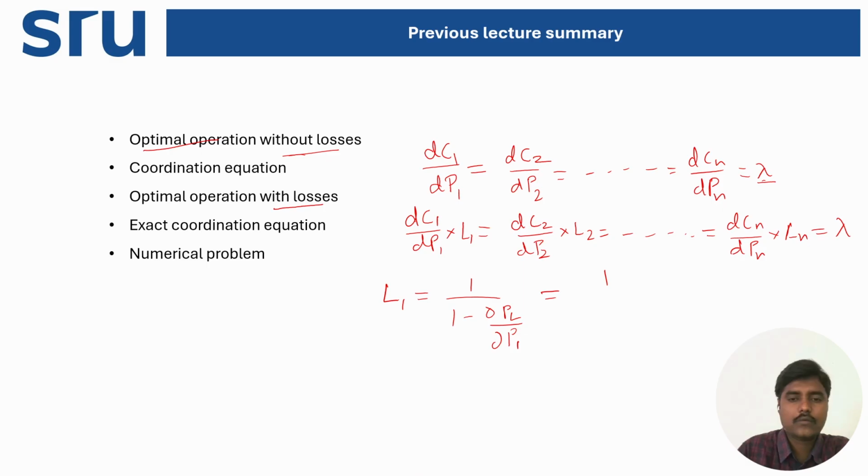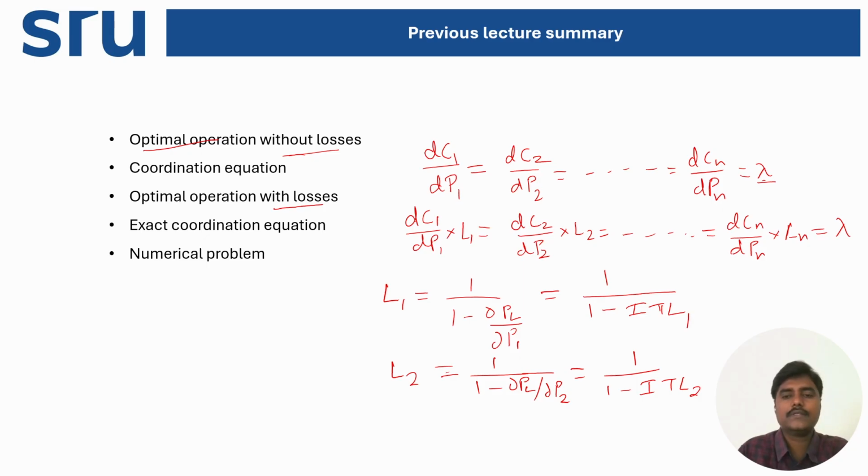∂PL/∂P1, where this 1 by 1 minus ∂PL/∂P1 is nothing but ITL, incremental transmission losses. Similarly, L2 can be expressed as 1 by 1 minus ∂PL/∂P2, that is equal to 1 by 1 minus ITL of the second unit.